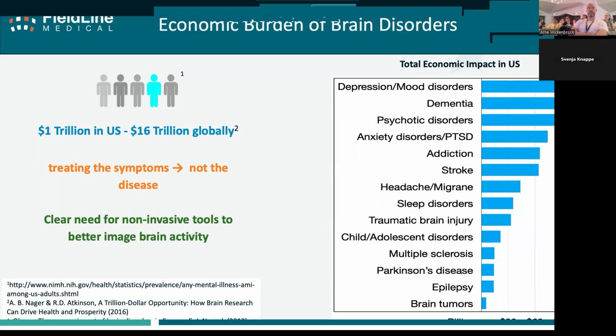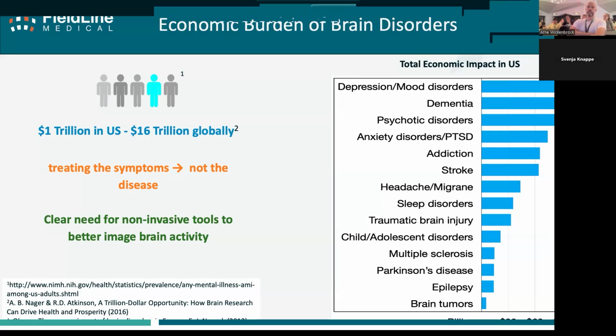That's 20%, and we can start counting in this room, right? How many of us are affected by something that is diagnosable. And so some of these statistics you can find in these references down there. So 20% is really big, and there's a lot of money and effort to address these.